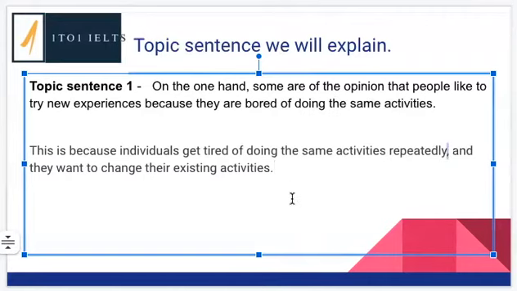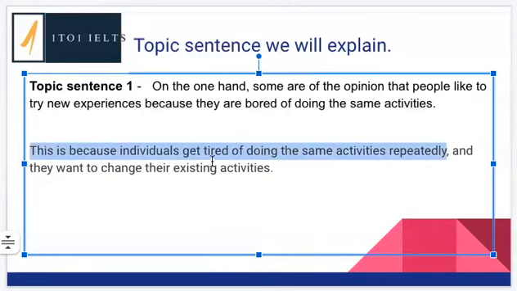So you're correctly using a comma here. Can someone tell me why we use this comma? Good, yeah, we've got two independent clauses. So basically this here is an independent clause.